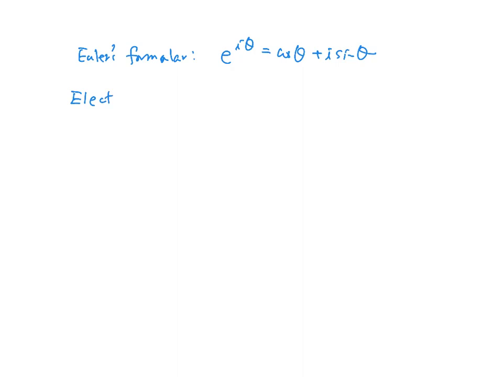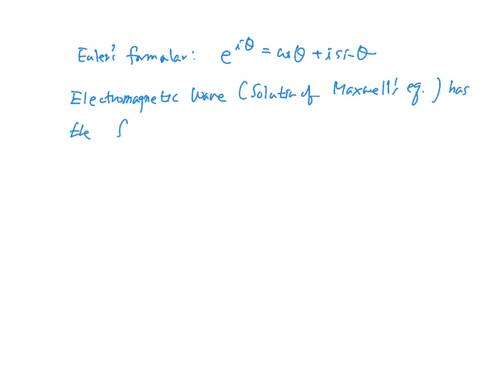An electromagnetic wave is of course a solution of Maxwell's equation and has the form exponential I times (kz minus omega t).